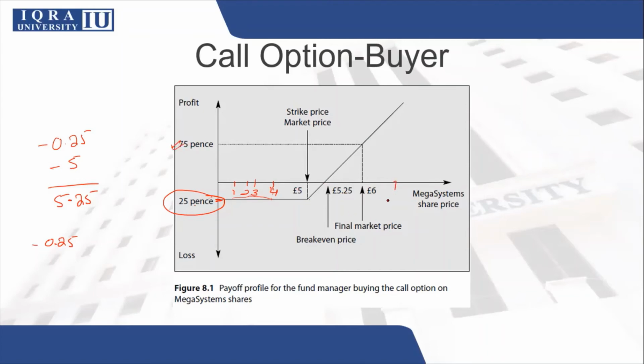Similarly, if the price is 7, then your profit is going to increase. If it's 8, it's going to increase even more. So you can see that there is no limit to the amount of profit that you can earn out of this, but your loss is limited. This was the payoff profile for the fund manager buying the call option on mega system shares.